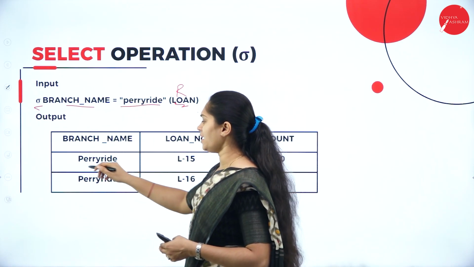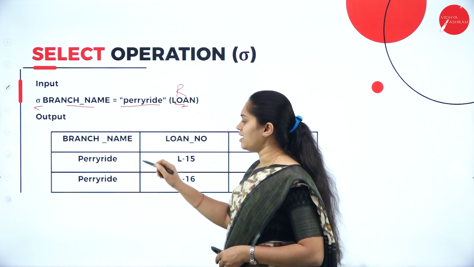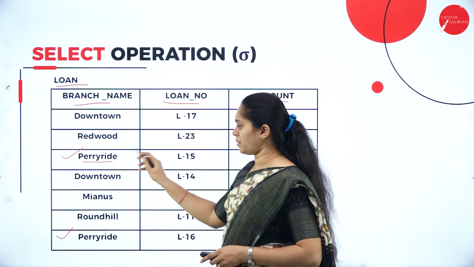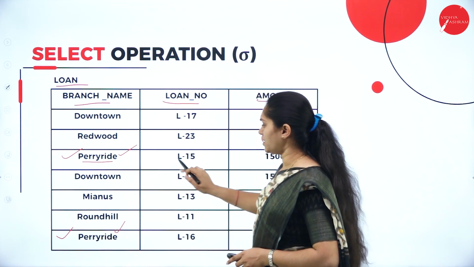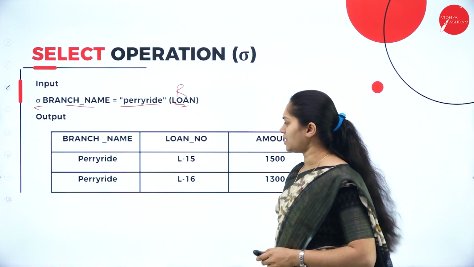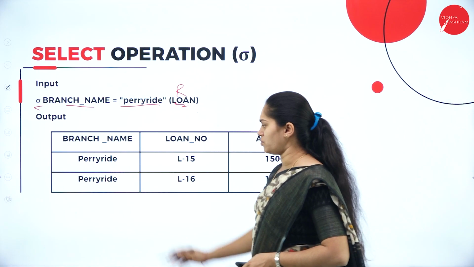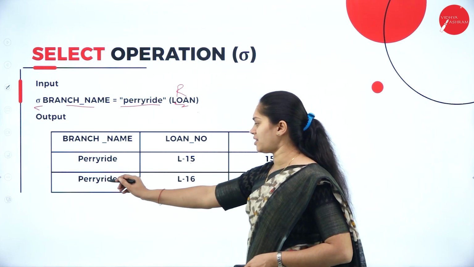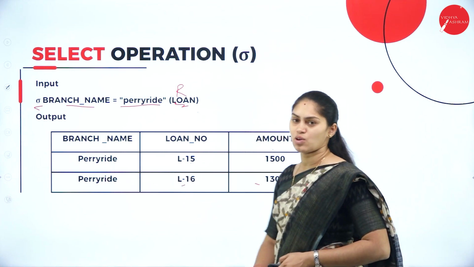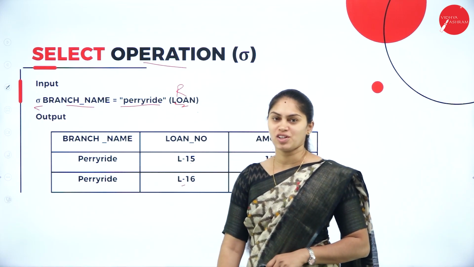From the loan table, the rows where the branch name is Perry will be written as the output. That is what you can see here: branch name, loan number, and amount. Perry, L15, 500. Perry, L16, 300. This is how the select operation works.